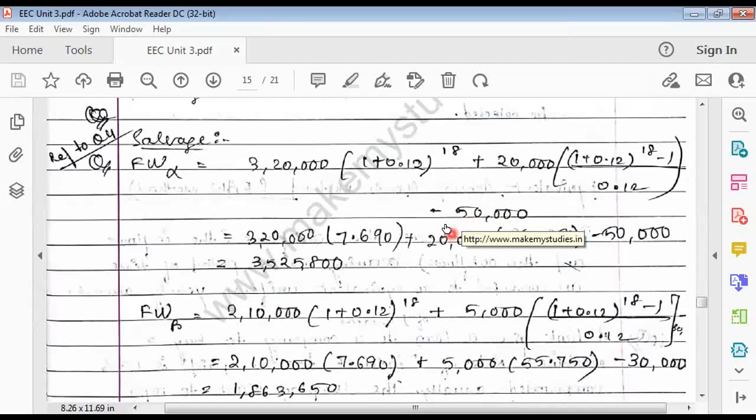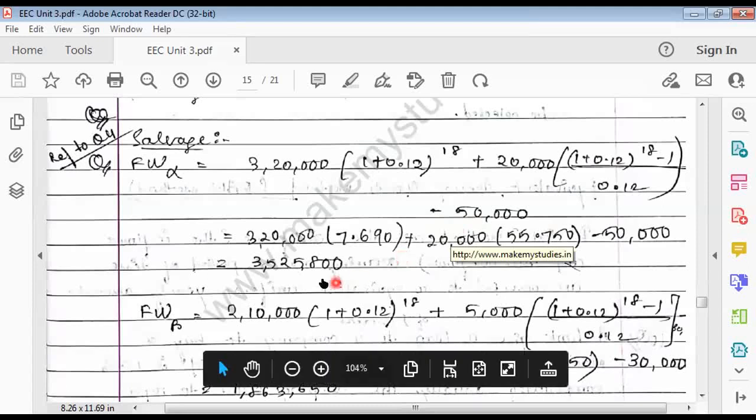Because at times I find students will divide it by (1 plus r) whole to the power t, even if they are doing the future worth method. No, not required. It will give you wrong results. Here the question is simple. The 50,000 rupees that you expect to get as salvage value after 18 years, what is its value after 18 years? The same value, 50,000 rupees. So that is why you did not change anything. Simply do it minus 50,000. Hope you understood.